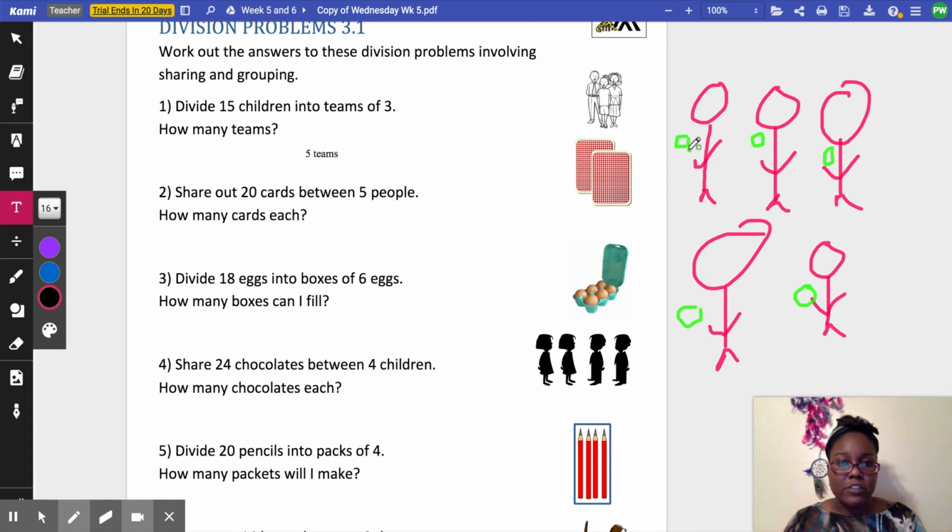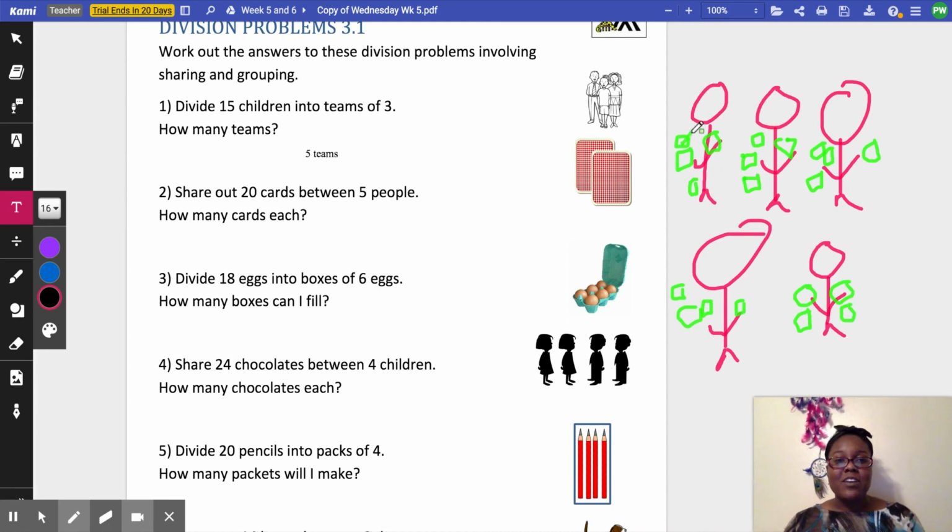Now their cards are getting circular. 6, 7, 8, 9, 10, 11, 12, 13, 14, 15, 16, 17, oh my goodness, 18, 19, 20. So then I count how many cards each person has.